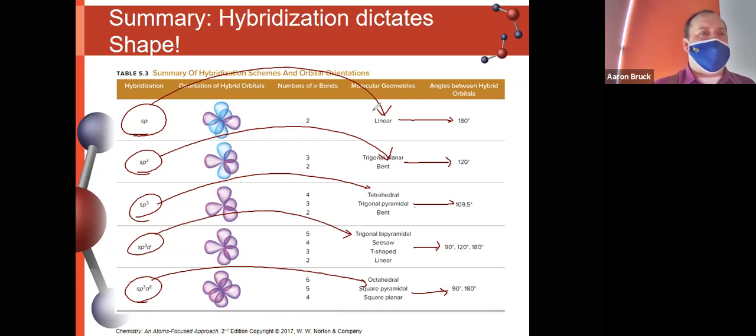One other thing I want to point out here, I want to put a special highlight on our first 2 geometries. These orbitals here in blue, those are unhybridized orbitals. Those are your unhybridized p orbitals.